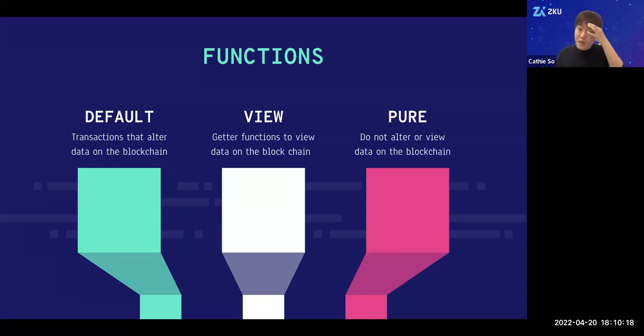However, if you only need to see the data on the blockchain, it is much cheaper or sometimes even free. That's where the other 2 types of functions come in, where you can view the data or even just do something that is not related to the data at all. So the second and third types, the view and the pure functions, are the cheapest. You don't have to pay any gas fee to use them. Those are the 3 types of functions in Solidity.